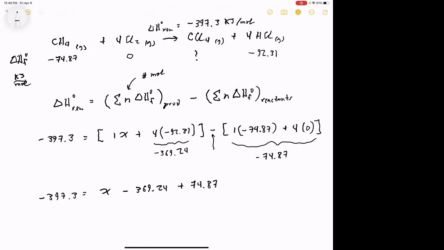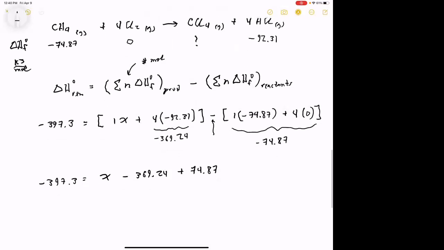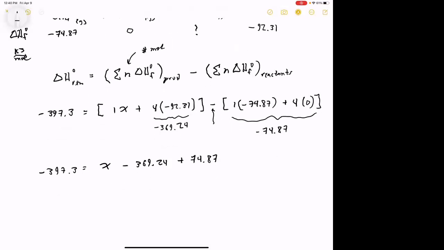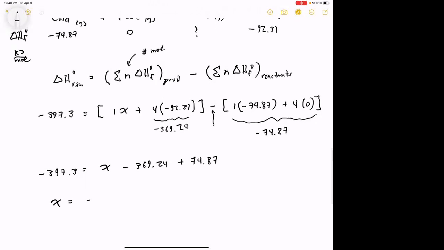So that becomes plus 74.87. Now you can go ahead and just collect like terms at this point. If you do this, the delta H of formation, which is just your X, getting X by itself, is minus 397.3, and then I take the other stuff to the other side, plus 369.24 minus 74.87, just getting everything on the same side.